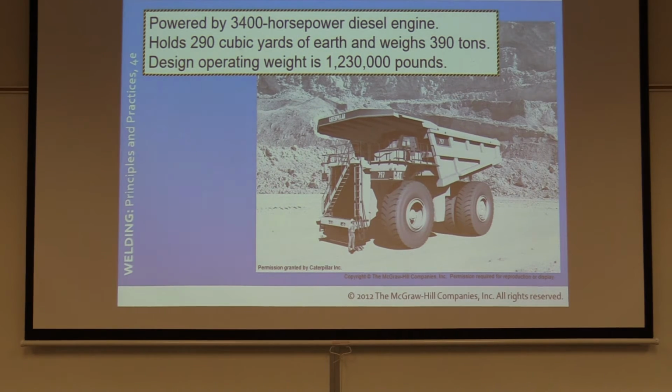Okay? This is Caterpillar. Caterpillar makes everything from mining to road equipment to, I mean, they make toys now. So, huge global industrial application, with many aspects within it. Pretty crazy. 3,400 horsepower diesel engine.